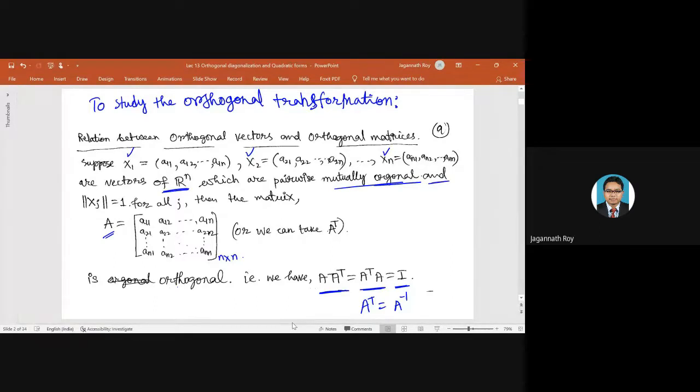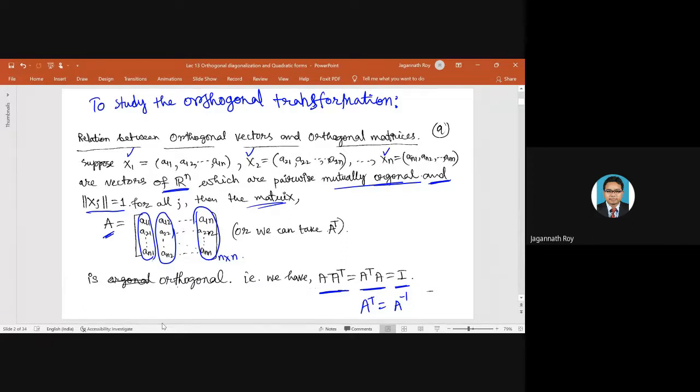And also, if the norm, that is the length of the vectors, is 1 for all j, then we call it an orthogonal matrix. So these row vectors, or column vectors, will be orthogonal to each other.